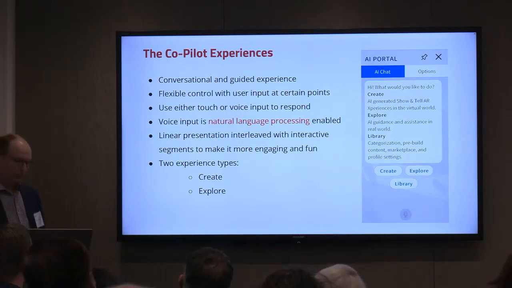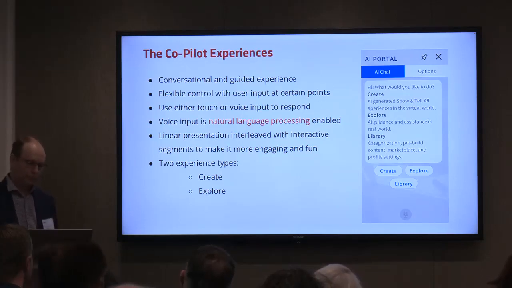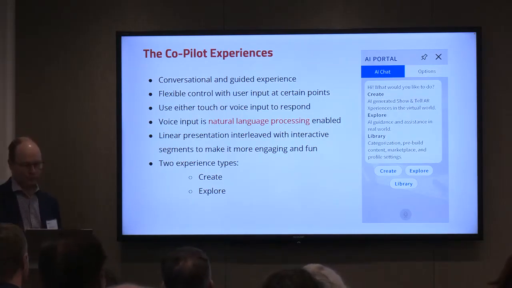So what we have done is that we are using something called natural language processing. So what it means is that we're tapping into AI to analyze your voice response, what you're saying. And then what we can do is distill the core essence of what you're trying to say.